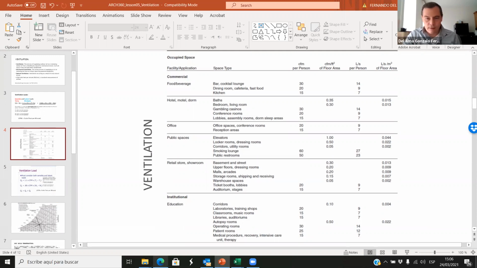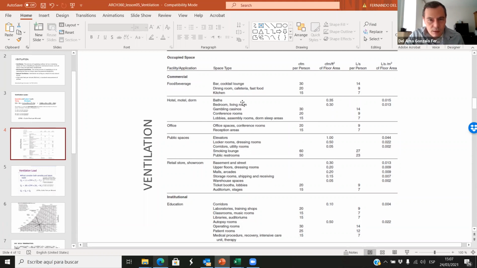Hospitals, yeah, hospitals are a different world. Designing hospitals, it's crazy because they have their own rules and their own codes. Okay, so we're not talking about hospitals because this is a different thing, but for the rest, we have a bar, a cocktail lounge. Yeah, we presume that in a gambling casino people get excited, and when there are a lot of people, or probably a gym.